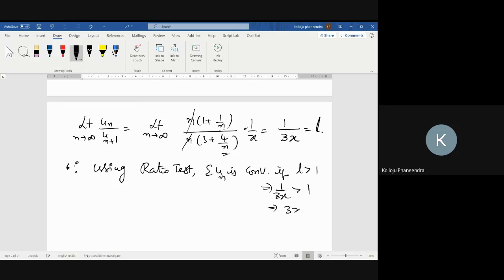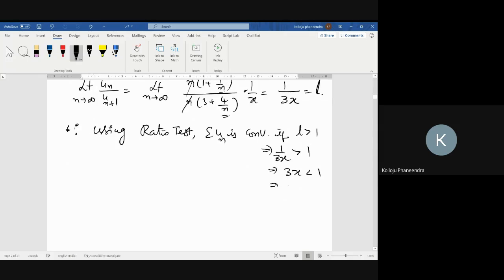That means 3x less than 1, or one can write x less than 1 by 3. And sigma un is divergent if L less than 1, that means 1 by 3x less than 1. That is x greater than 1 by 3.